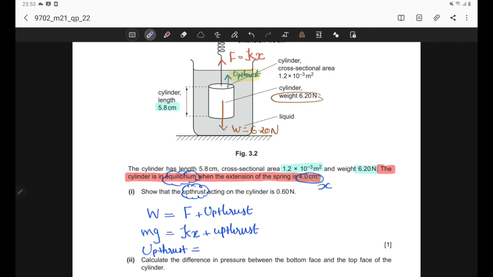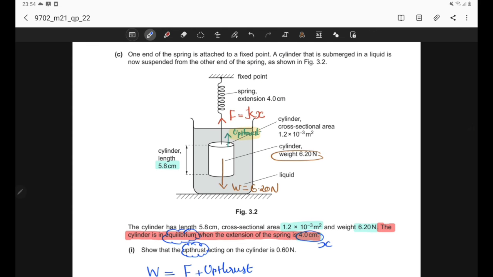So we will get upthrust is equal to mg minus kx. We can substitute the values here. Here weight is directly given. So instead of mg, we can write as weight itself. So weight is 6.20 Newton minus spring constant of the spring.